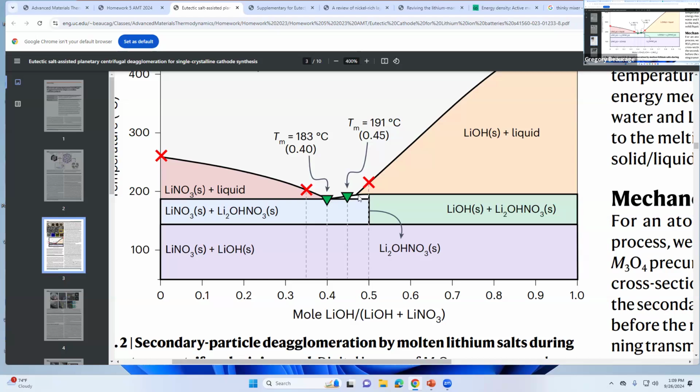By the time you get to the lower end of that little teeny gap, you're going to have a matrix of intermediate with liquid droplets in it that have the eutectic composition.